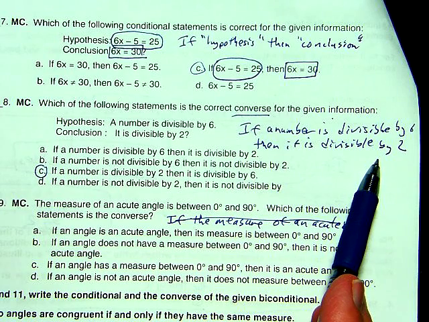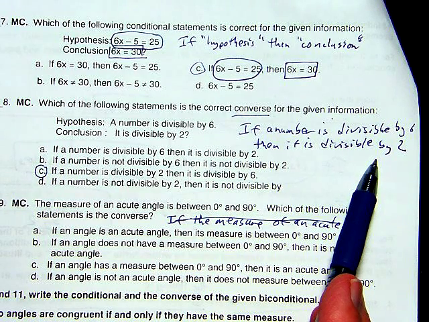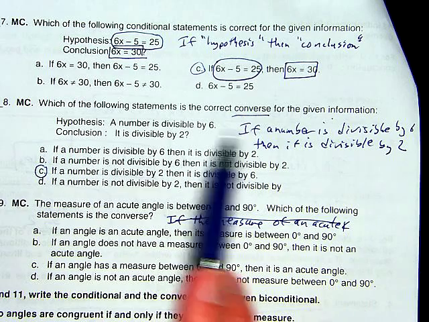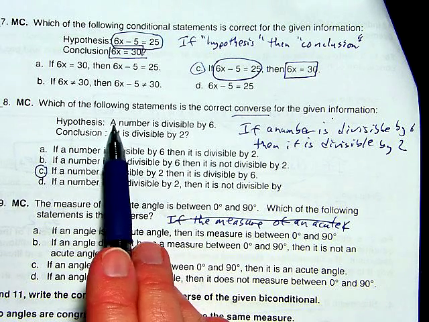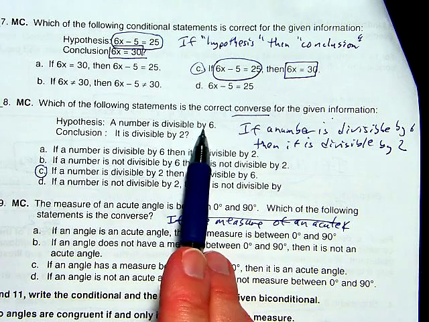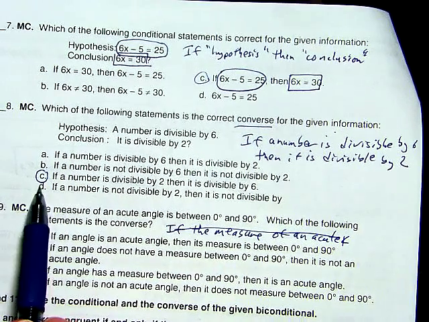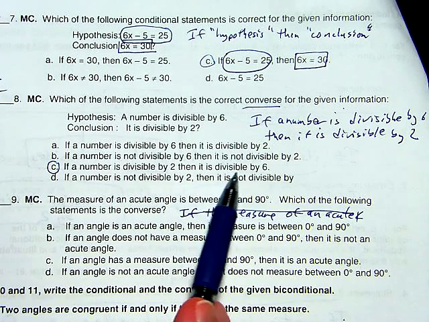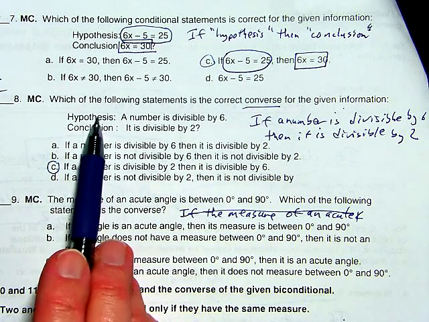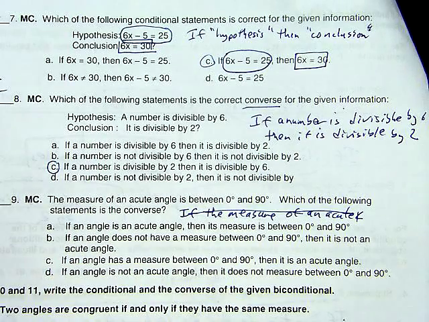But since we were asked for the converse, we've got to say: if it is divisible by 2, then the number is divisible by 6. So that would be answer C. If a number is divisible by 2, then it is divisible by 6. Notice that we just switch the hypothesis and the conclusion.